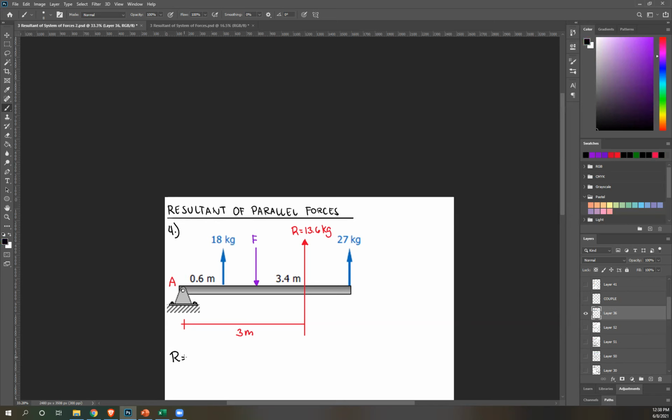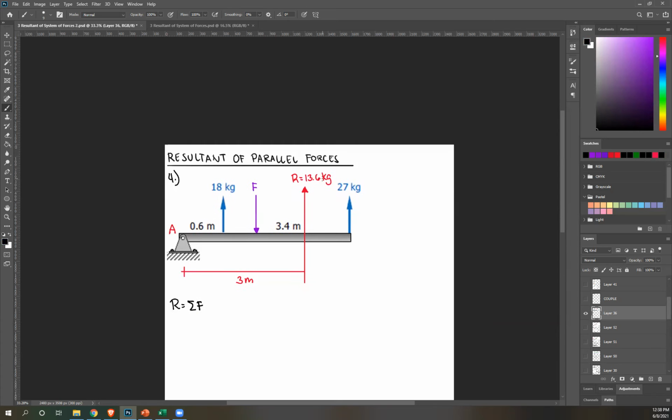R is just equal to summation of forces. R 13.6 upwards, therefore positive, equals, let's start with the leftmost force, that's 18, upwards, therefore positive. Next, F is downwards, therefore negative F, and then lastly, upwards 27. From this, please solve what's F. Correct.